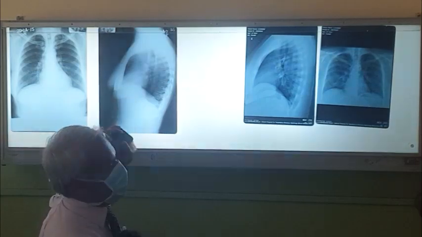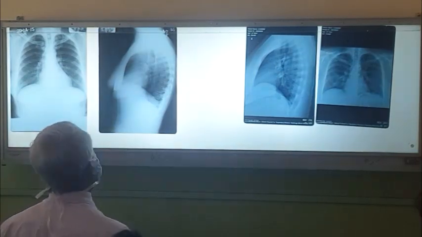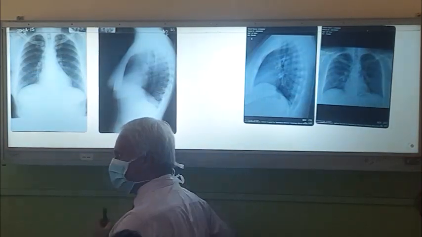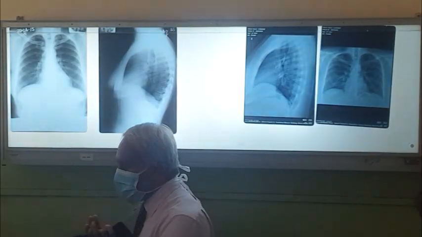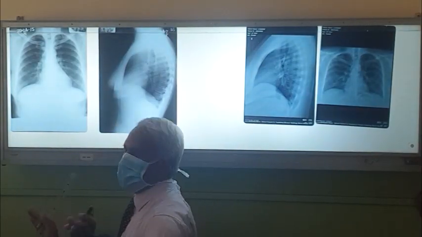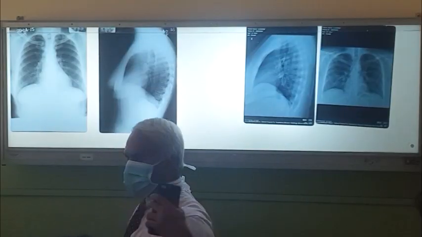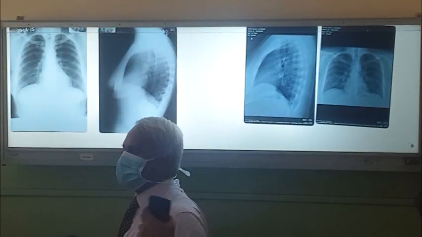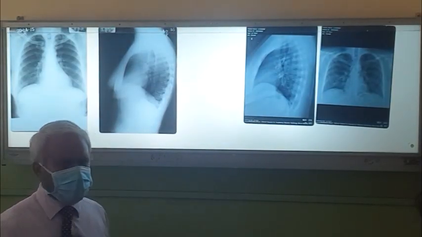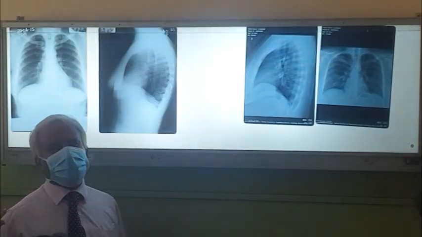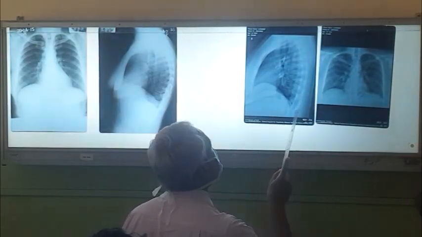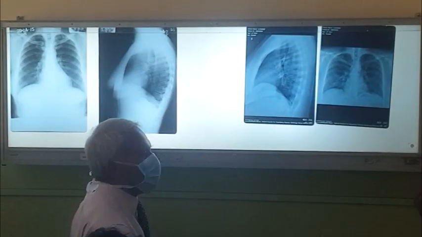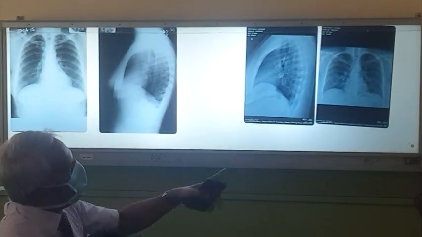When you do a right lateral, you keep the right side of the chest over the X-ray plate, and your beam is coming from this end. So it is going like this. It's a divergent beam, so the left side gets displaced out. If you do a left lateral, the right side will get displaced out. So in a right lateral, this is the right and the outer one is the left. Then you can identify the hemidiaphragms, right?